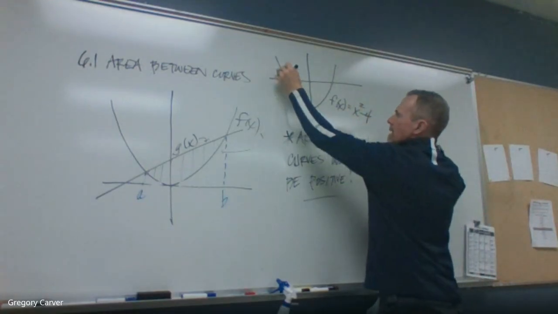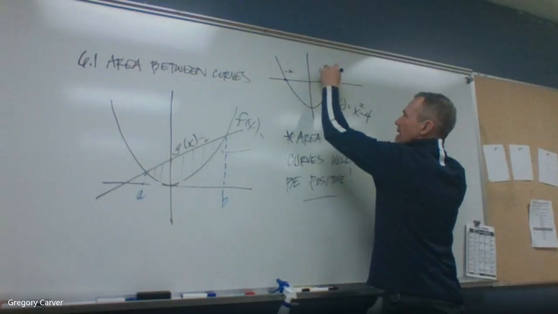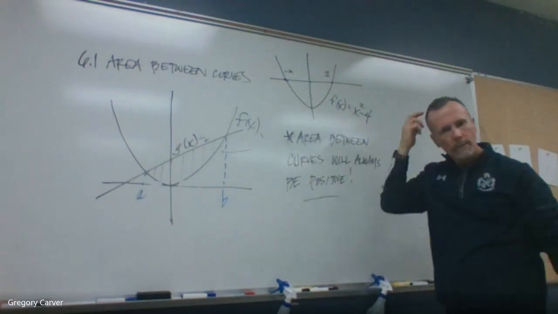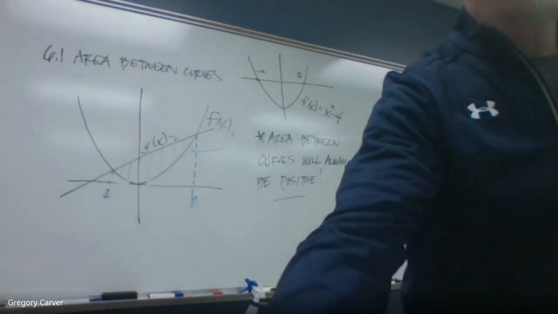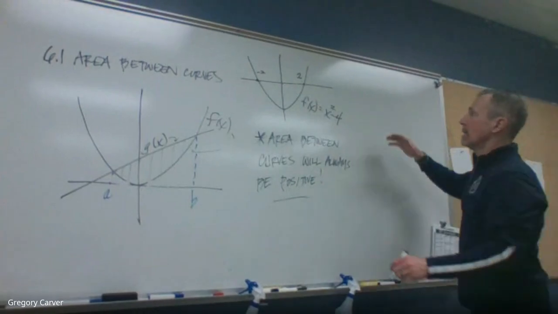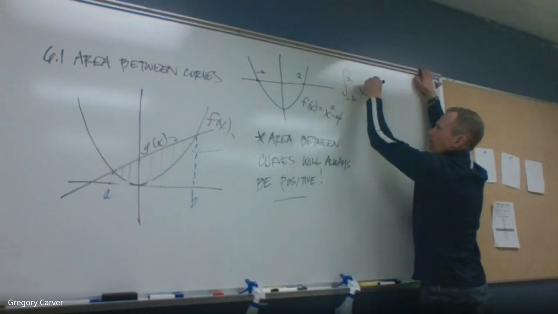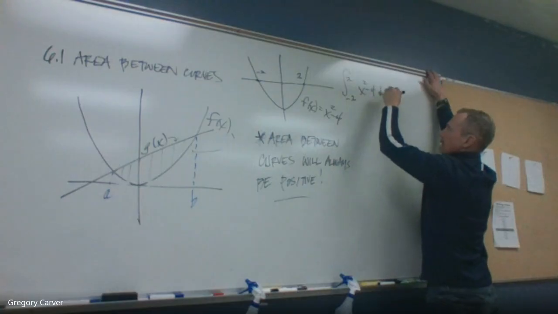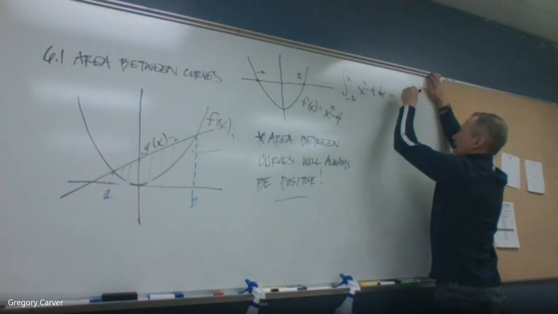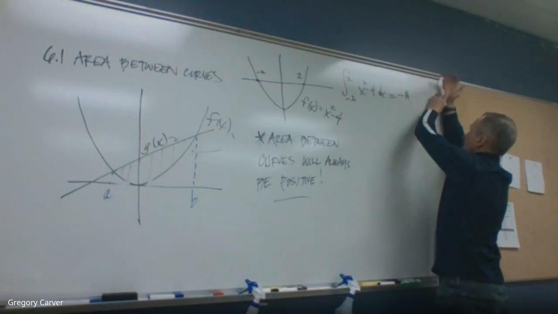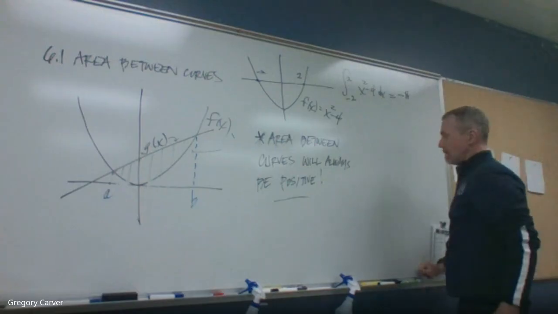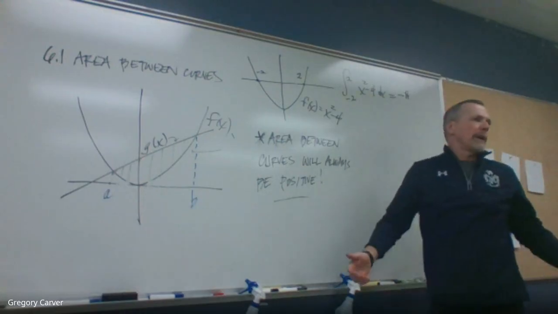So this is negative 2, this is positive 2. Do you guys agree that in chapter 4, if I integrated from negative 2 to 2 of x squared minus 4 dx, I got a negative number? Because it's below the x-axis.